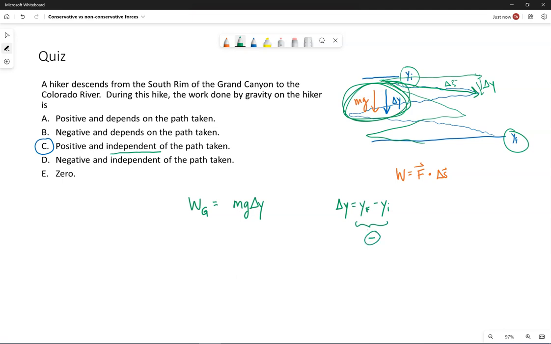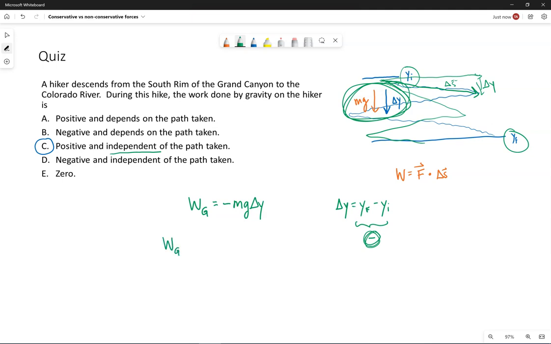But the work done by gravity needs to be positive as a hiker descends. So I technically need a negative sign in the work done by gravity if I'm going to write it simply as mg times delta y. That way I get a positive answer when I have the negative value of delta y and the negative sign in the equation.